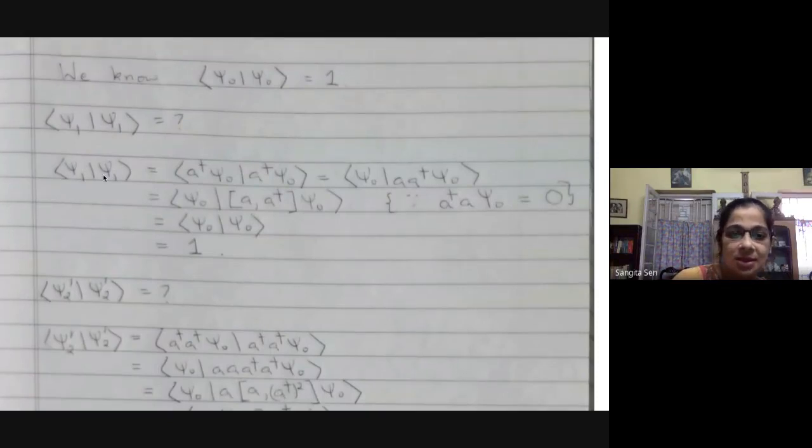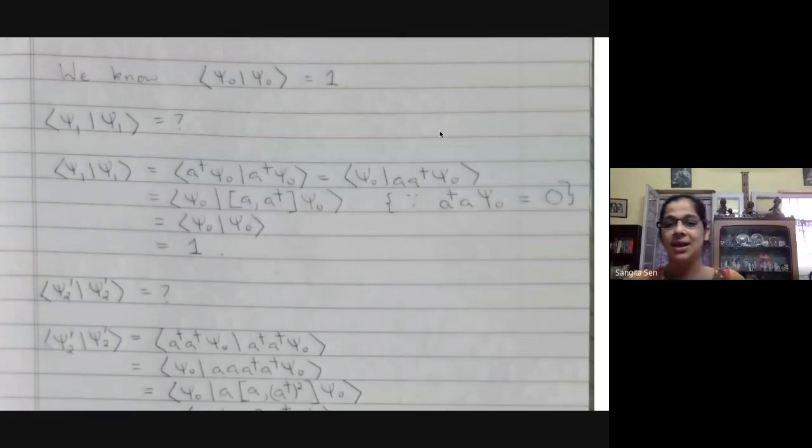So we want to find out the overlaps. Psi1 with psi1 is a dagger psi0 with a dagger psi0. When you move an operator from the bra to the ket, you need to do a dagger on it, the Hermitian conjugation operation.